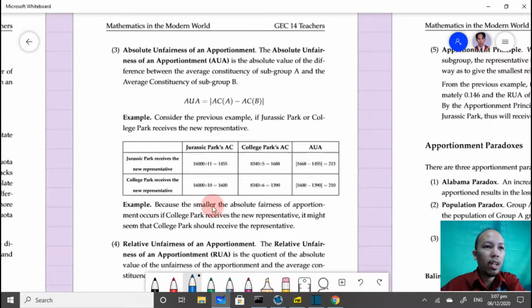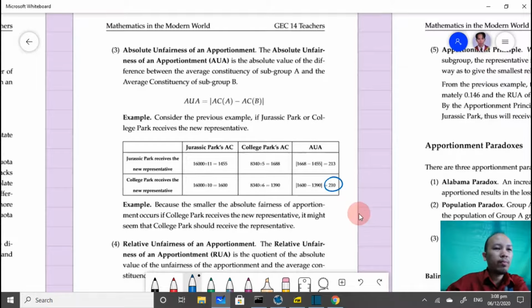The answer is the one with the smaller absolute unfairness of apportionment. If that occurs in College Park, then that park will receive the new representative. From this, the smaller is 210, as you can see here.